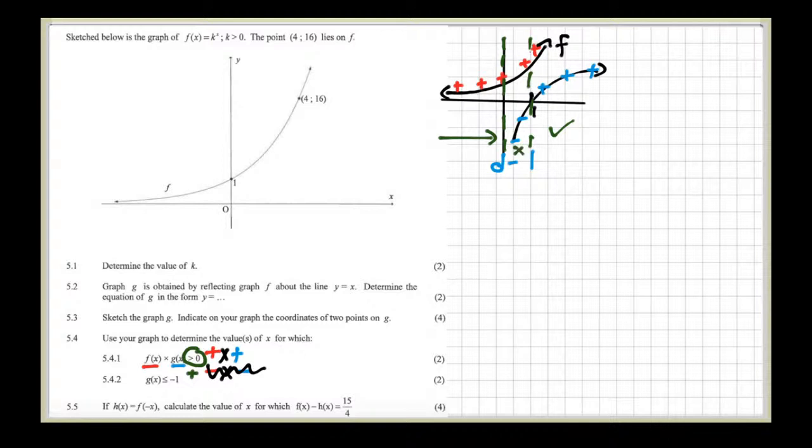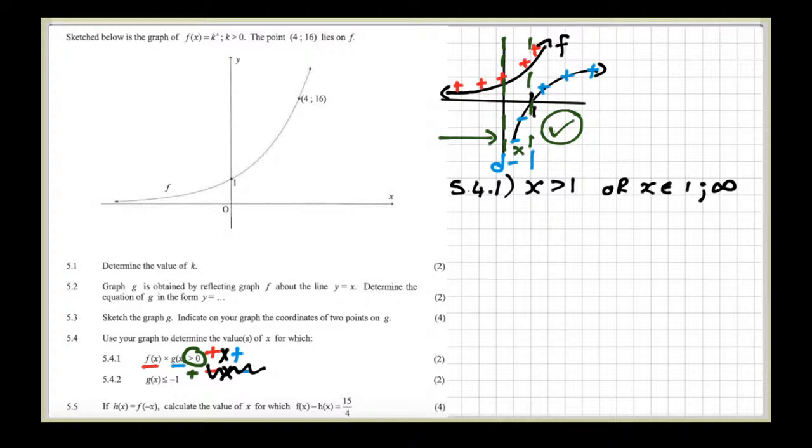So I'm not looking for between 0 and 1. I'm not looking for smaller than 0. I'm only looking for this domain from 1 to infinity. And there you have your question 5.4.1. x larger than 1, or if you like your interval notation, x can be from 1 to infinity.